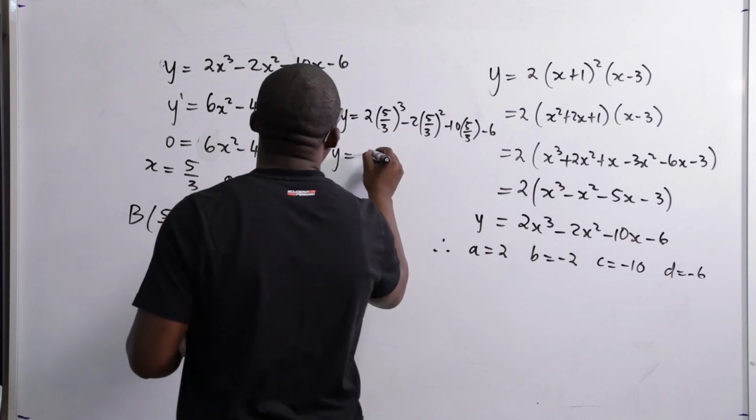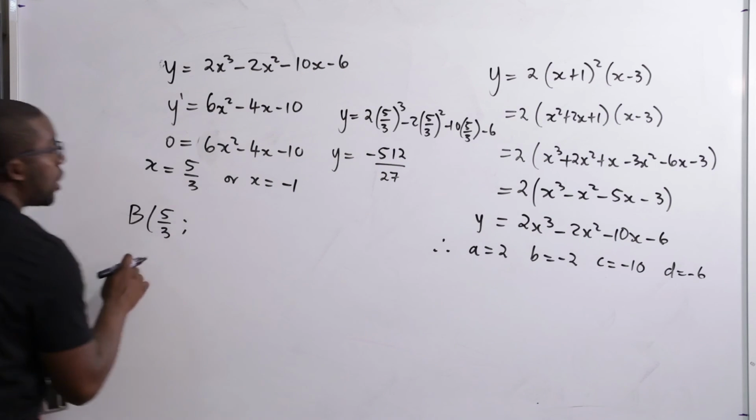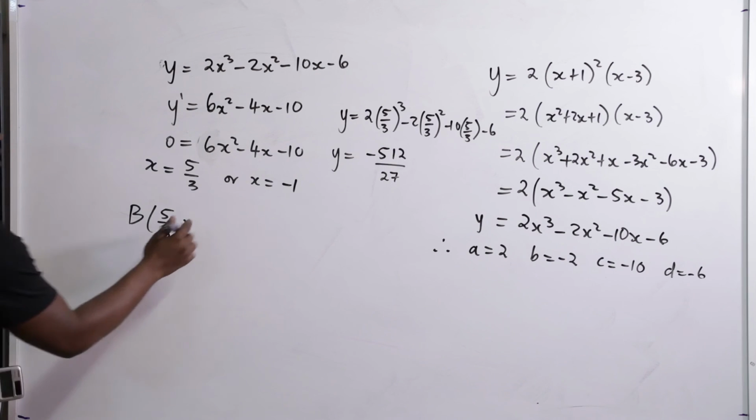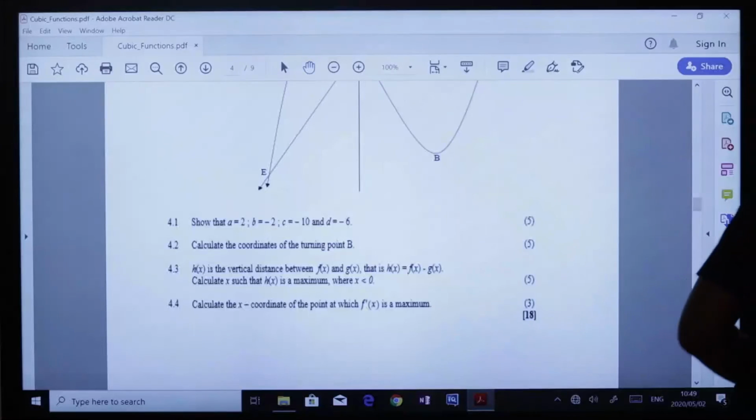The corresponding y is minus 512 over 27. So the coordinates of B are 5 over 3 for x and negative 512 over 27.